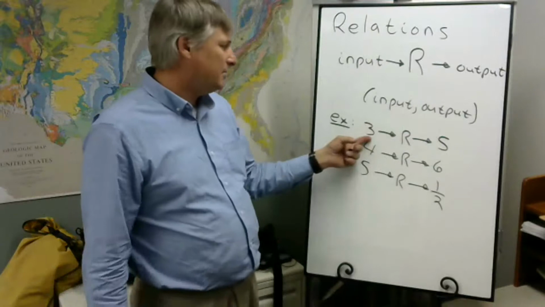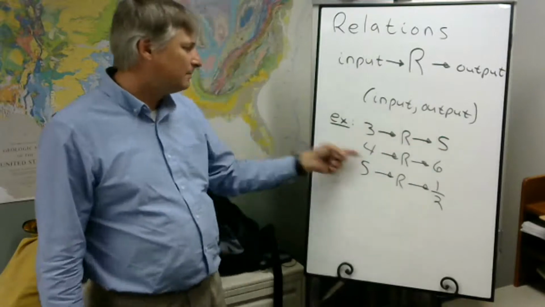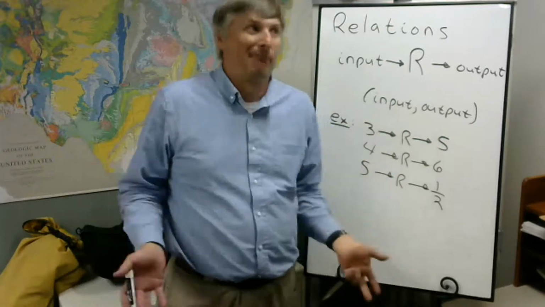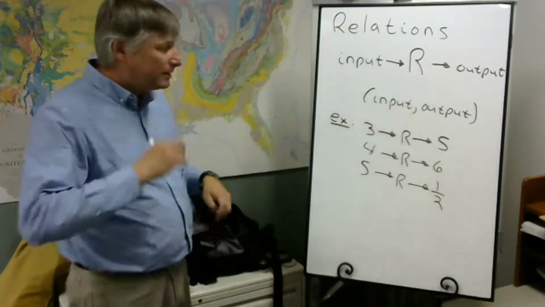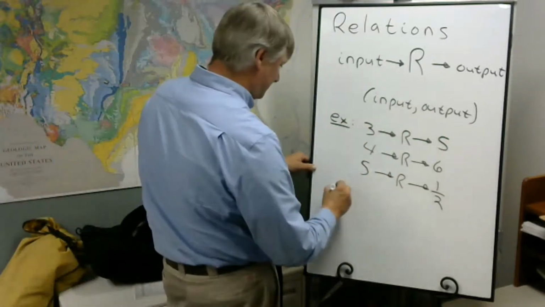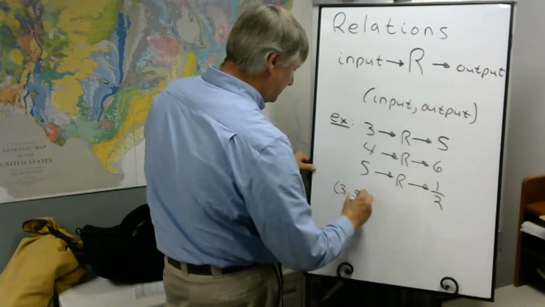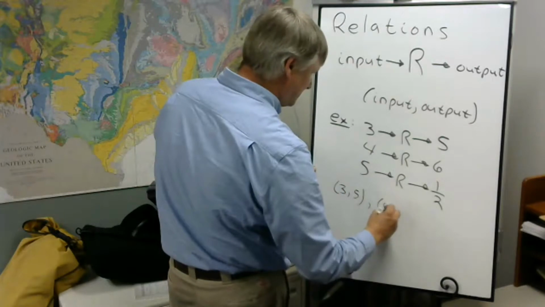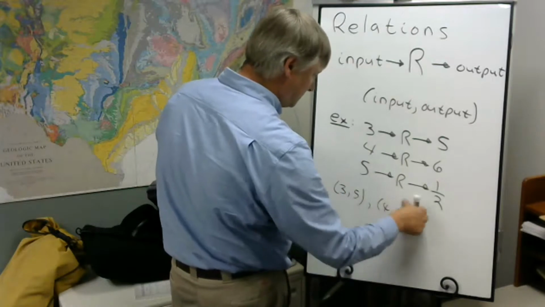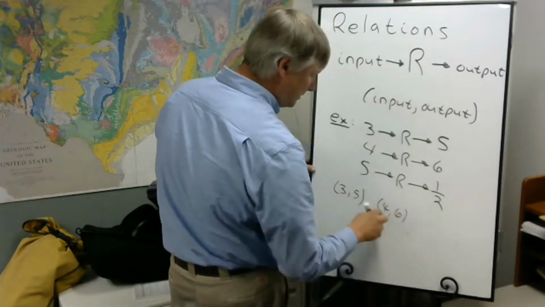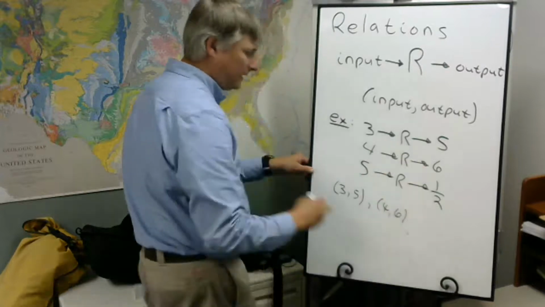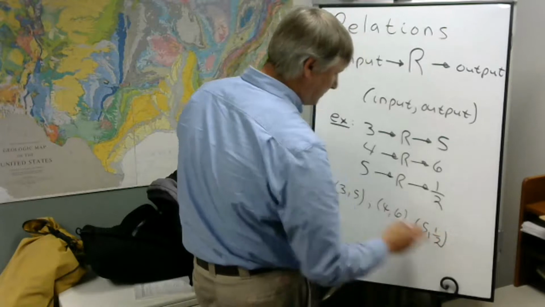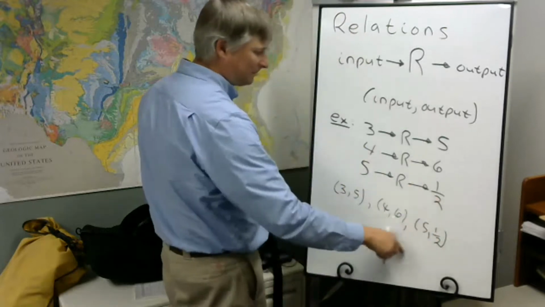Input 3, output 5. Input 4, output 6. Input 5, output 1/2. If we organize these as ordered pairs, we get (3, 5), input, output; (4, 6), input, output; and (5, 1/2), input, output.